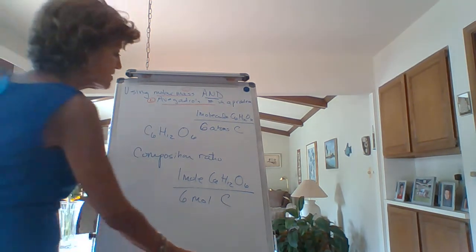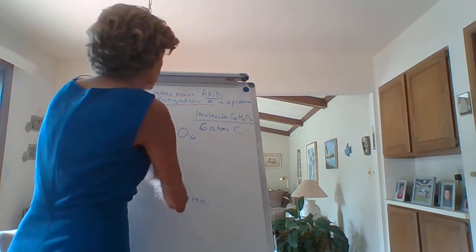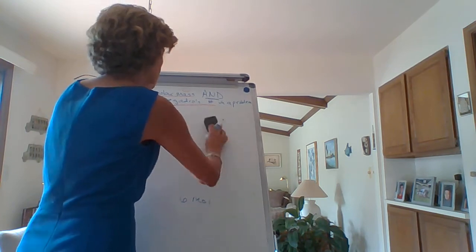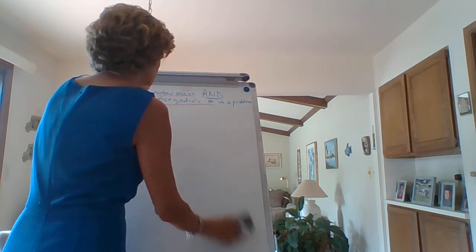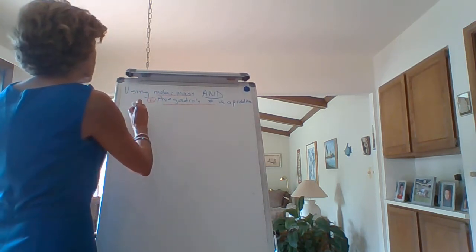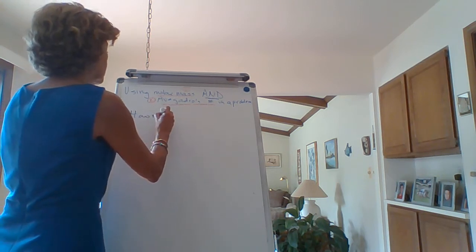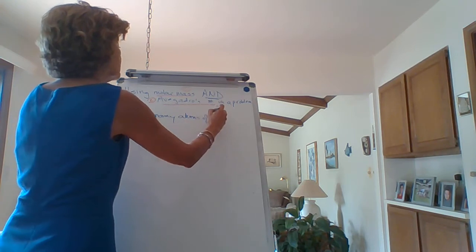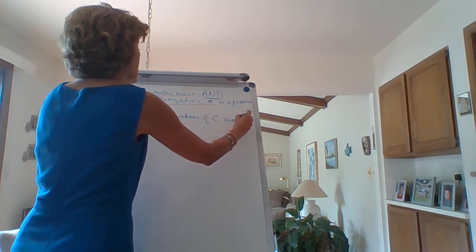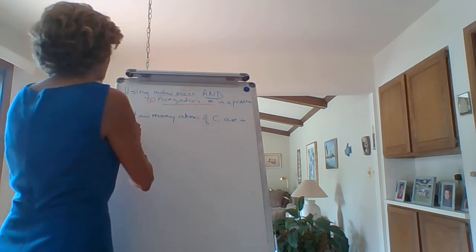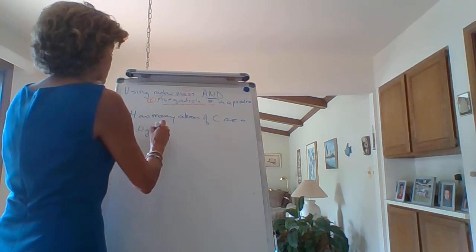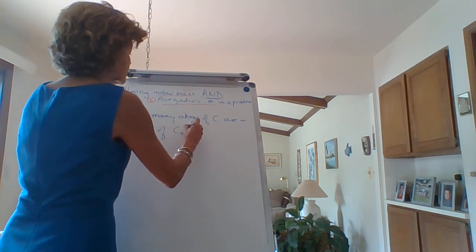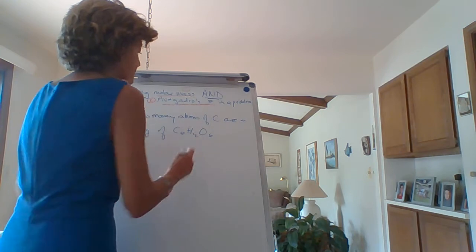All right, so how does this tie in with all the calculations? Let's try something out here. Say, how many atoms of carbon are in 10 grams of glucose, C6H12O6?